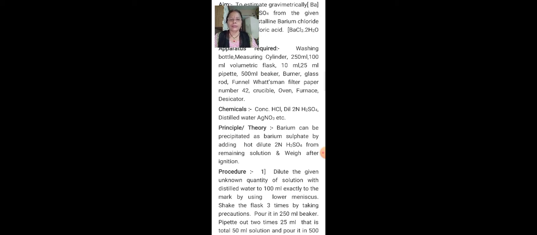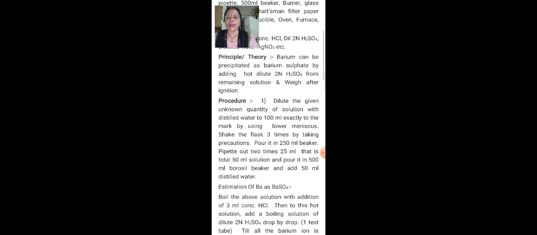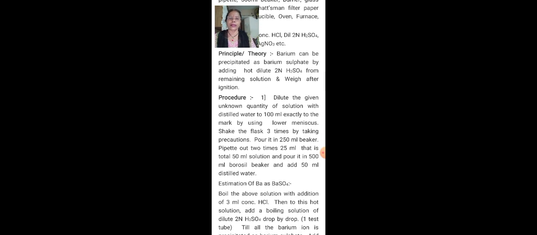Now this is the principle, or the theory behind this, and the procedure, let us see. Our first step always, for both practicals, iron or barium, is to dilute the given unknown solution with distilled water to exactly 100 ml to the mark, using the lower meniscus.